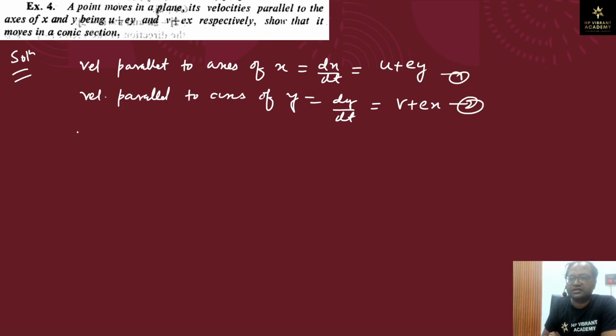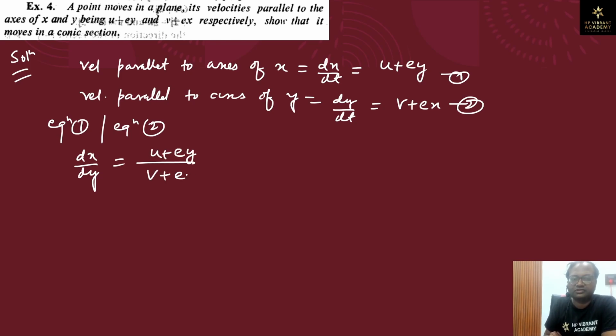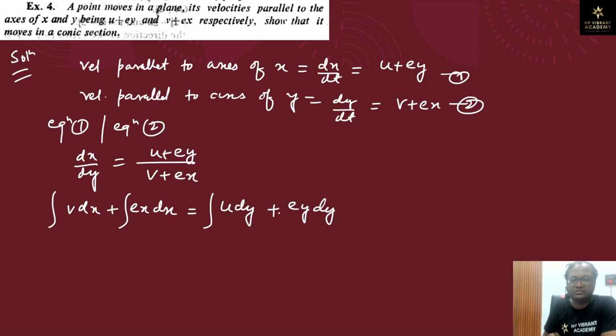So let us divide equation 1 by equation 2. We have dx upon dy is equal to (u plus ey) upon (v plus ex). So we have v dx plus ex dx is equal to u dy plus ey dy. Let us integrate both sides, with c as the constant of integration.